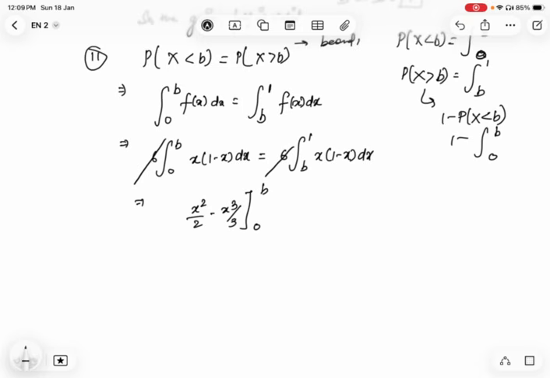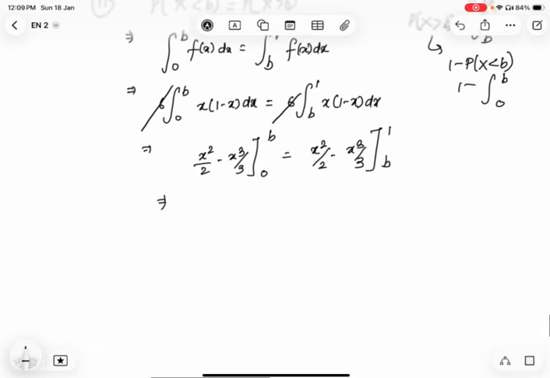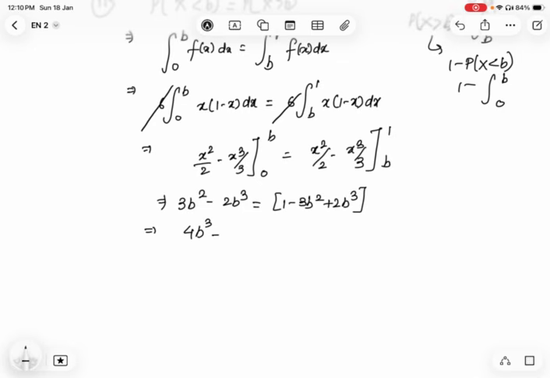Just apply limits 0 to B. Same here, x squared by 2 minus x cubed by 3, from B to 1. Okay. So when you solve this, I don't solve it here, I just write the direct result: 3b squared minus 2b cubed is equal to 1 minus 3b squared plus 2b cubed. Okay. So this is equal to 4b cubed minus 6b squared plus 1 is equal to 0.